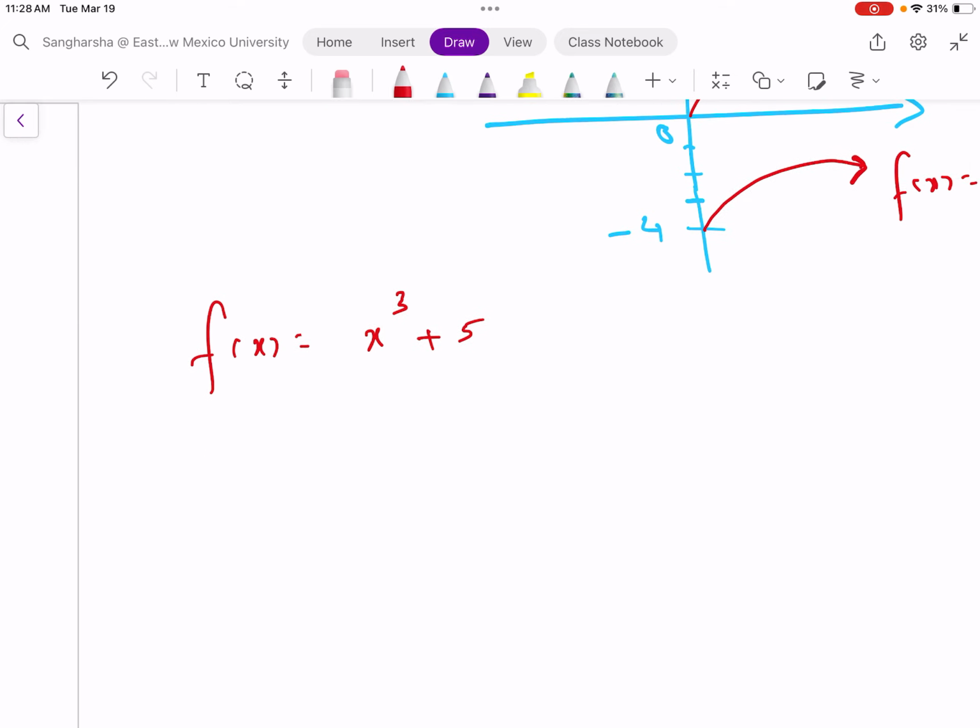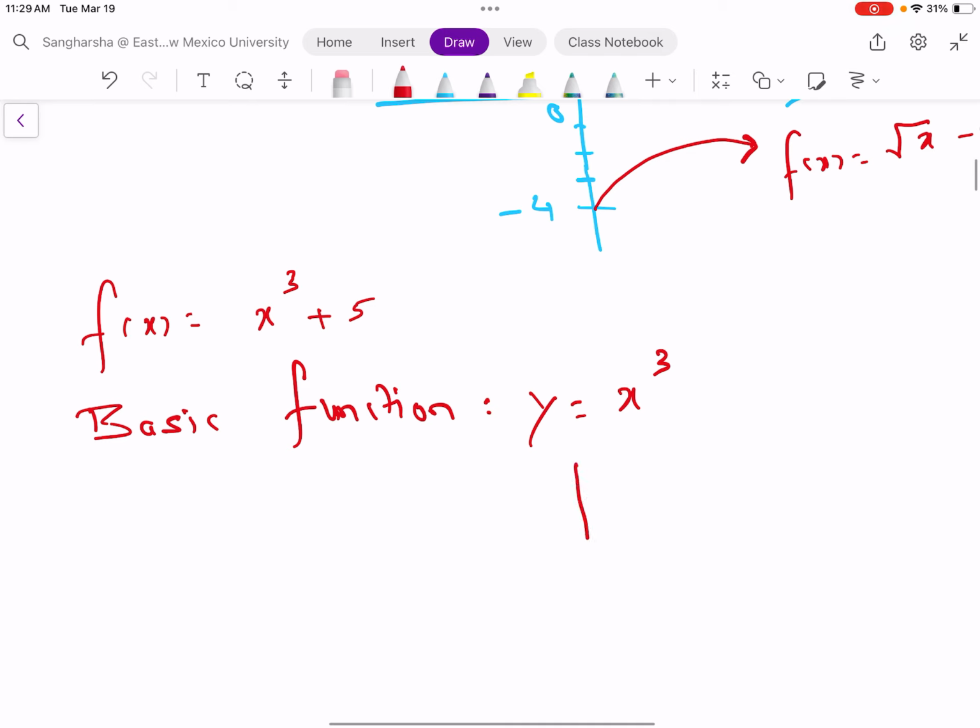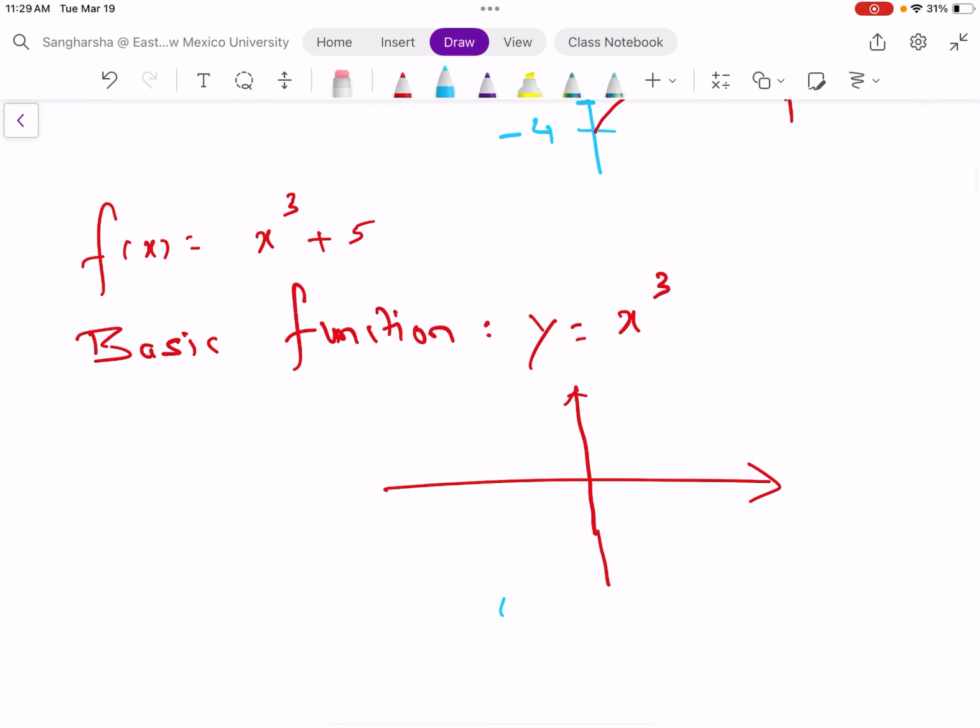Now what kind of function is this? Cubic function. So we need to know the graph for a basic cubic function. Our basic function is y equals x cubed, or you can use f of x. So this is our basic function, and this is the graph for the cubic function.